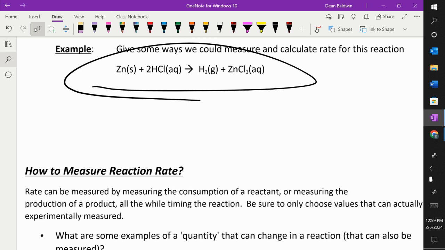Look at this. This is a solid, right? So we could weigh it at the beginning, and then you can weigh it at the end, after measuring the time. And it could be grams per second, which you could convert to moles per second.